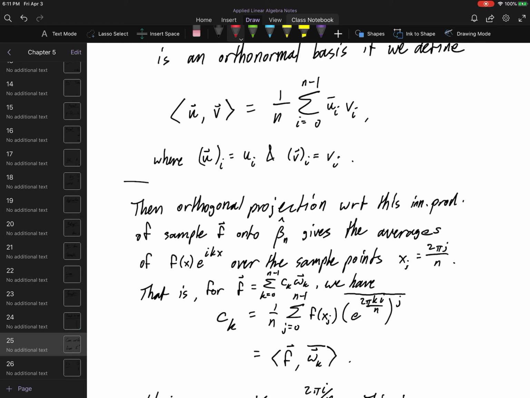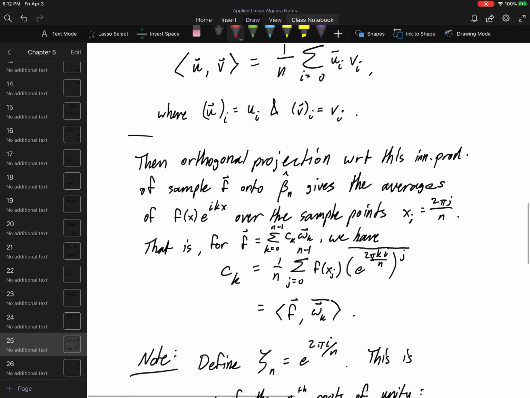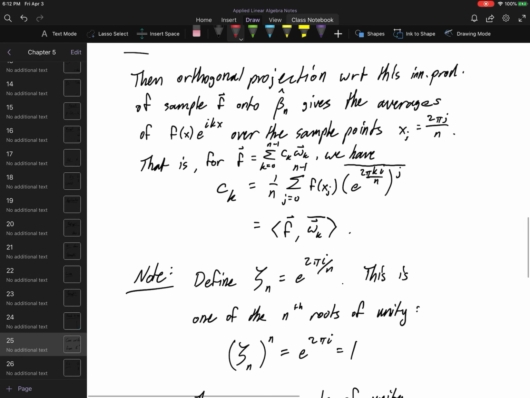Now, this is what a lot of discrete computations look like. Specifically in Fourier analysis, there's a lot of averaging going on. We're figuring out different moments in some sense, because we're looking at a whole bunch of different inner products.